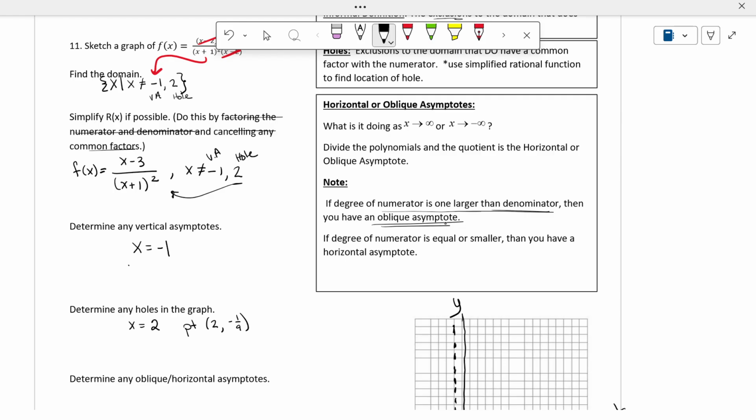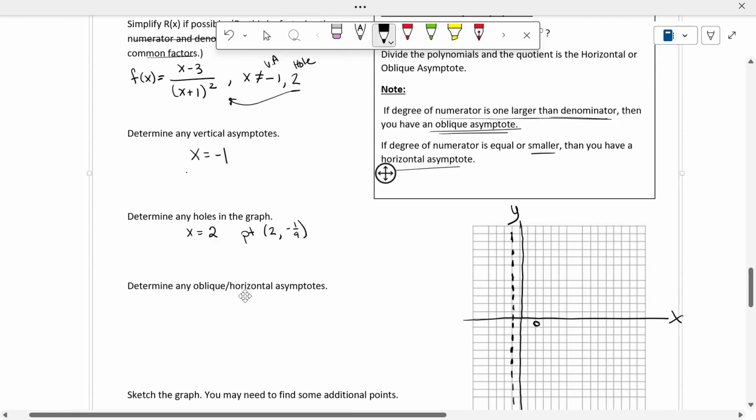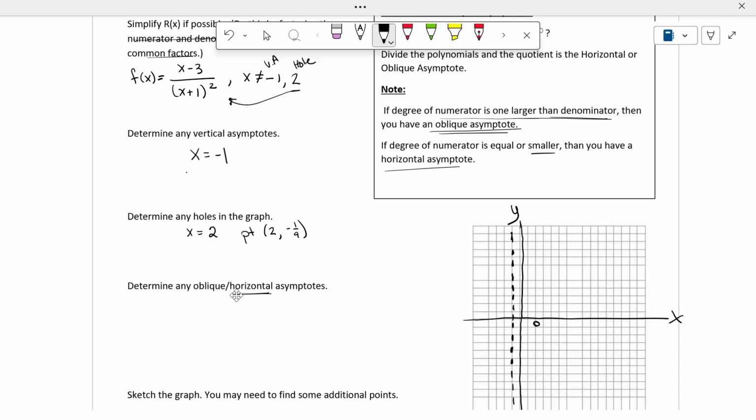We don't have that here. If the degrees are the same, or the numerator is smaller, then we have a horizontal one. I'm looking at the simplified, so it's going to be horizontal. By the way, if it was oblique, you'd have to do long division. So not oblique, we have horizontal.